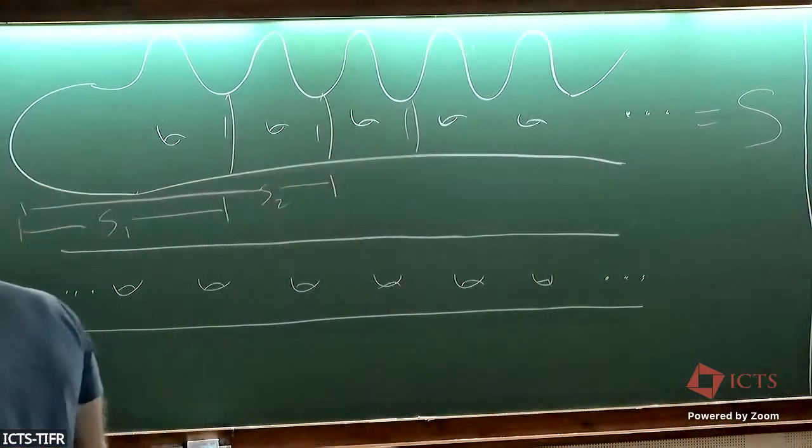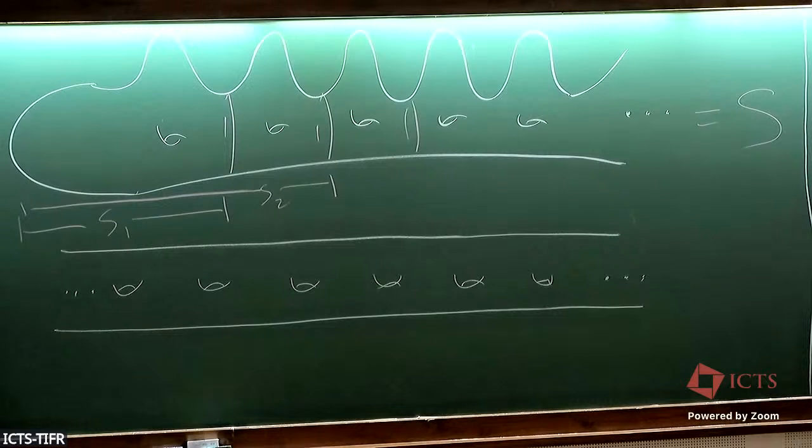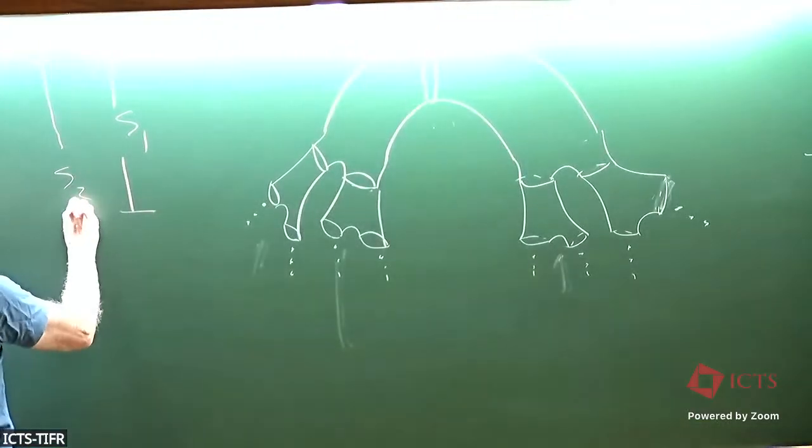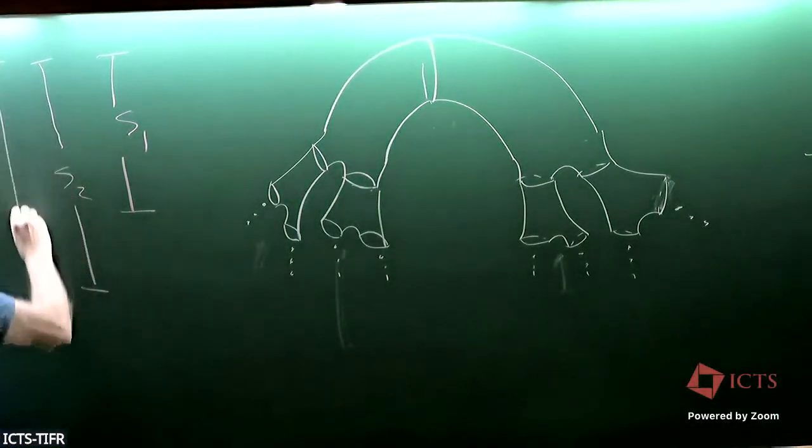Let's look at this, the Cantor tree. So we can talk about a compact exhaustion by going like this. Maybe that's S1 up to this level, and then this is S2 down to this level, and so on.